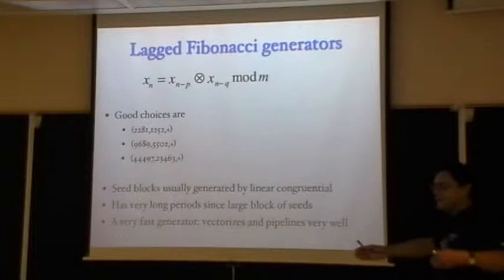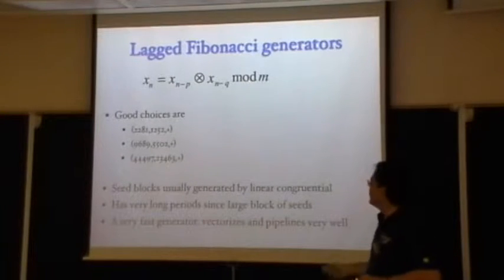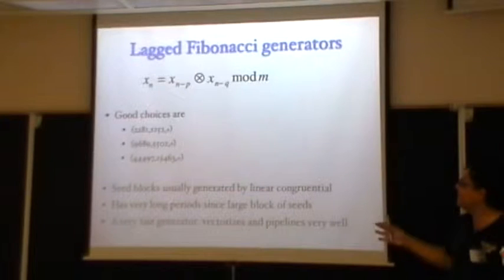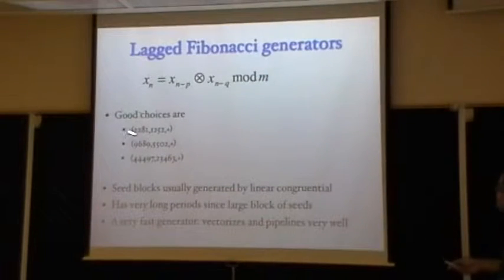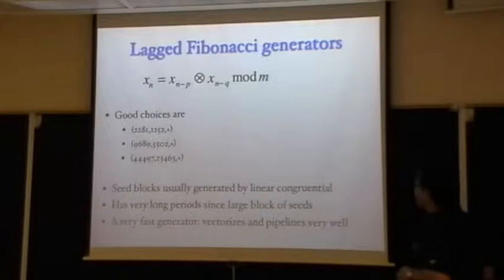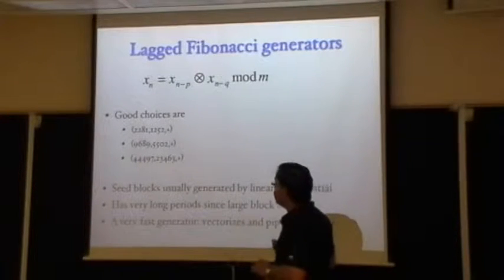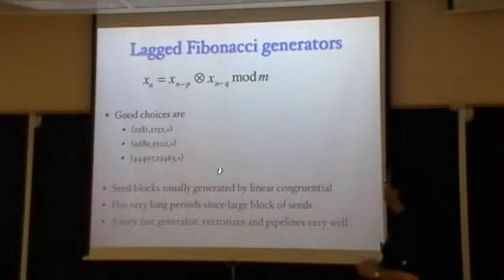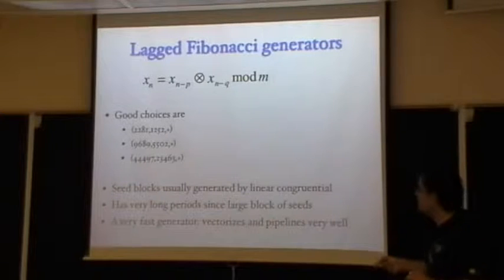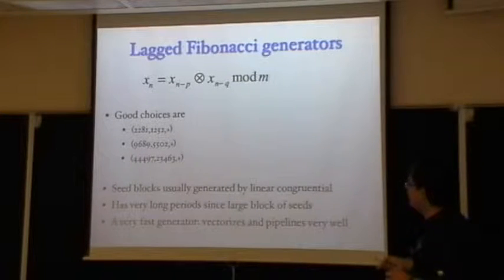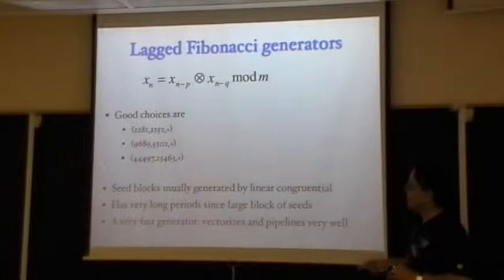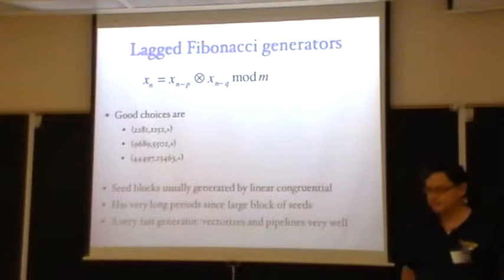You take a big buffer. In the past, we had some choice of about 50 numbers, 800 numbers. They are all bad by now. So you take the buffer of 2,281 numbers, and you say the next number is the one that is 1,252 steps back, plus the one that is 2,281 steps back.